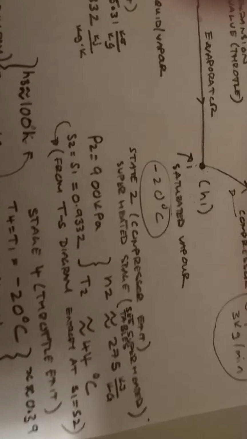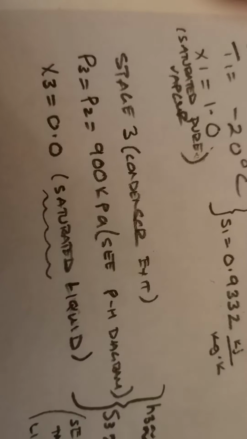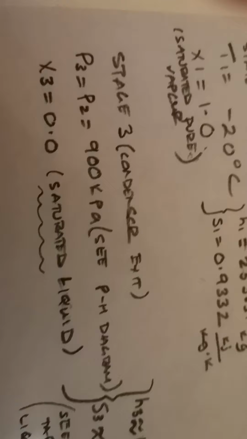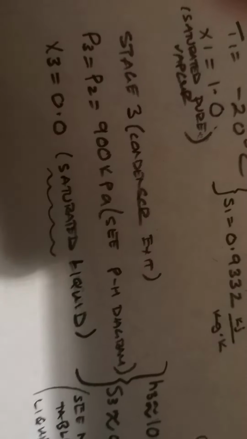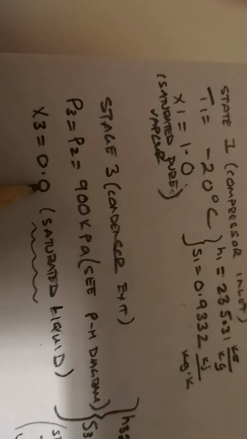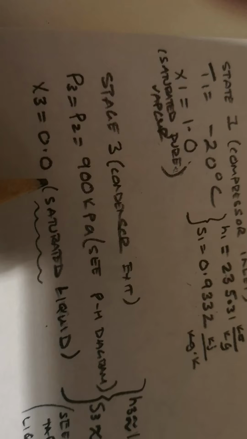Now let's go on to S3. S3 is a condenser exit. At this point the temperature should obviously have reduced. If the temperature is reduced, all the vapor should have disappeared. If it disappeared, it's gone into a pure liquid form. So that's why you've got here saturated liquid, and X equals 0.0 because it's going to be pure liquid.